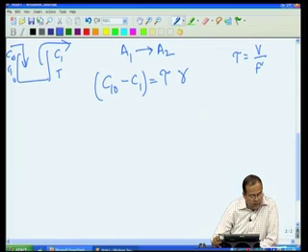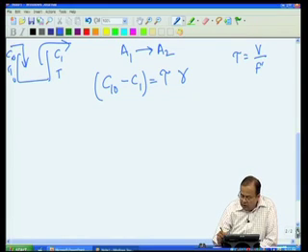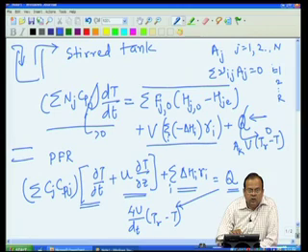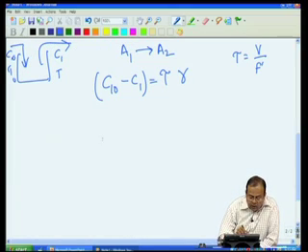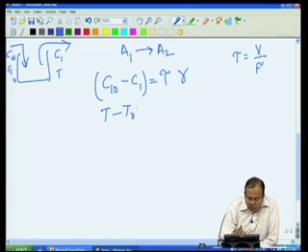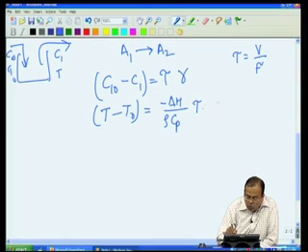Okay, so this is our mass balance, and now if we assume that the property that is in this energy balance, we will write Hj, the enthalpy, as Cp into T, the temperature terms, and we will assume those properties are constant and define the mixture property. Then we can simplify that energy balance as minus delta H by rho Cp into tau into R. So, essentially what we have done is we have considered a single reaction.